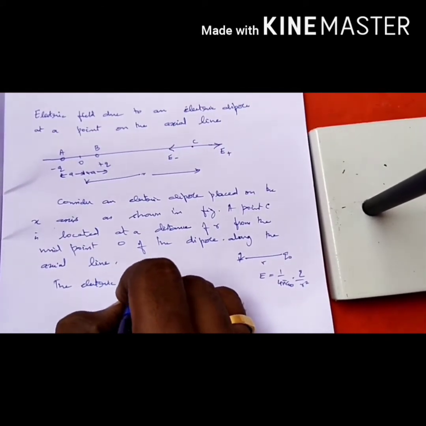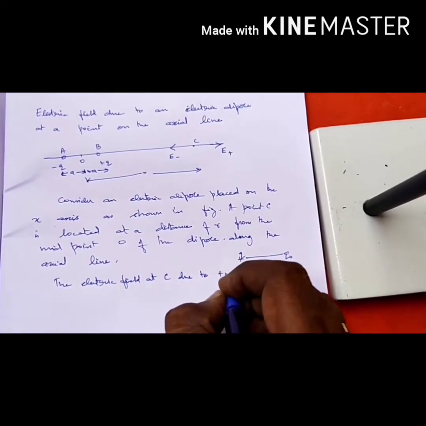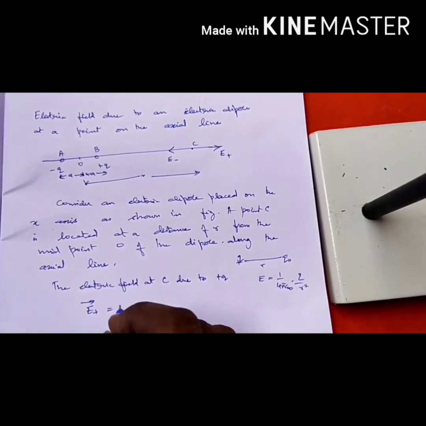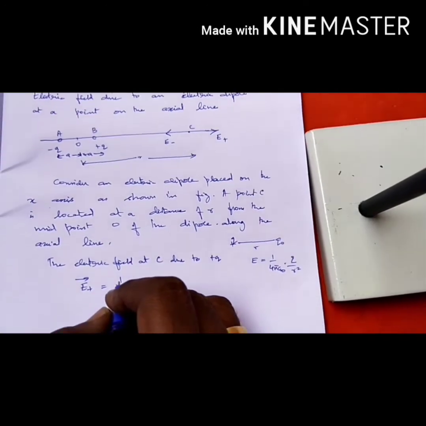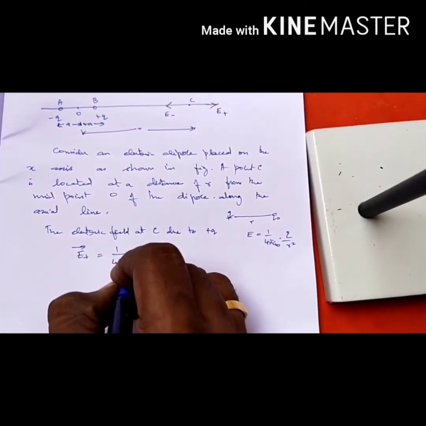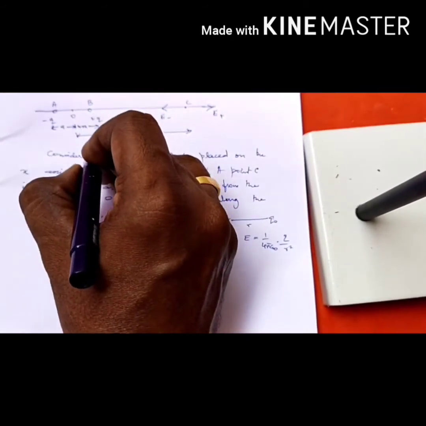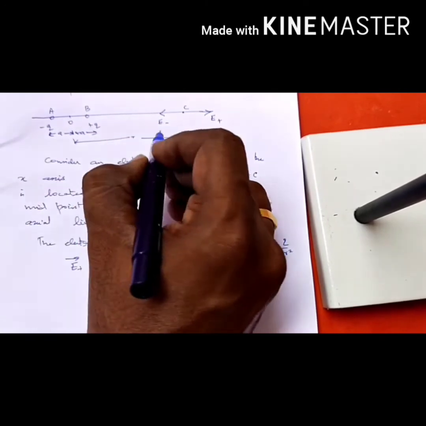The electric field at C due to plus Q, that is E plus vector equal to 1 by 4 pi epsilon naught into Q by, what's the distance? Here the distance is r minus a, because from the midpoint the distance is r.